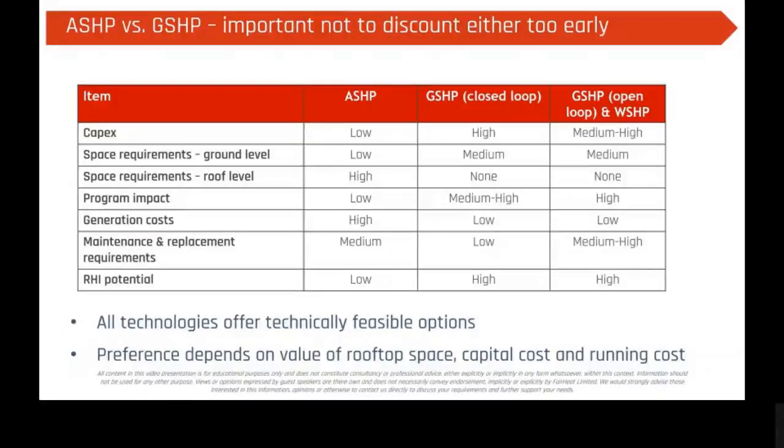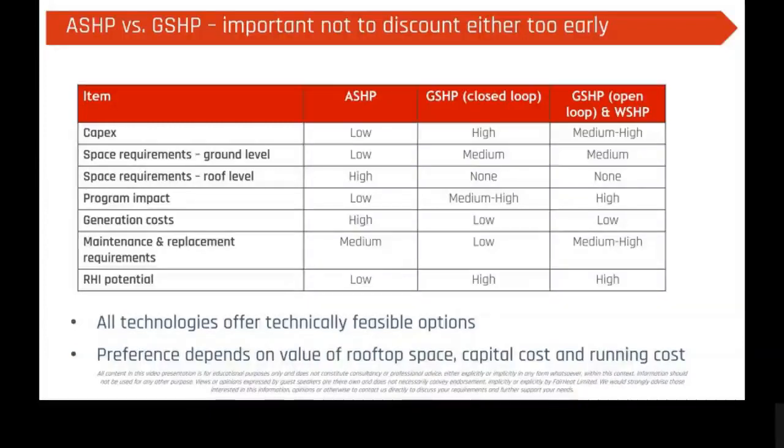However, going back to that point of do the due diligence on what your scheme-specific needs are, sometimes those other technologies and those other cost profiles actually stack up. So air source heat pump: low capex, not really going to have any impact on ground level space, but a big impact on roof level space.